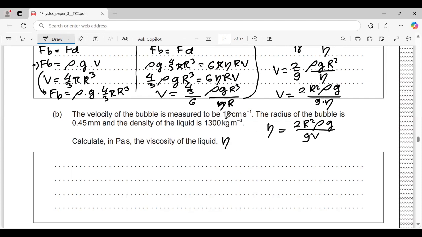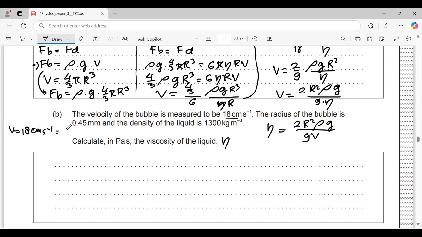But I would like to convert the velocity v from 18 centimeters per second. So better writing here, v equals, centimeter becomes meter, because the density is in meter cubed. So we are going to convert centimeters to meters.